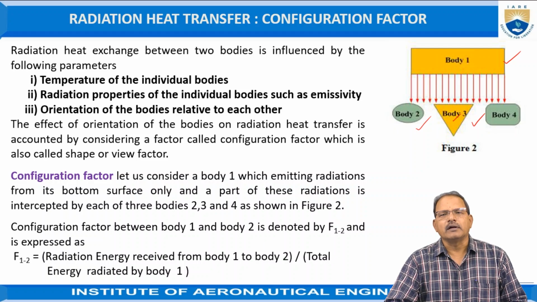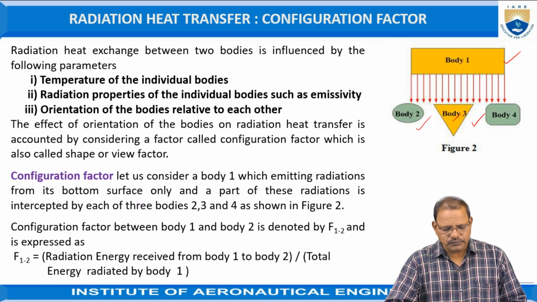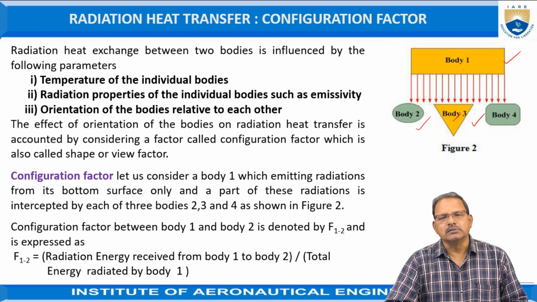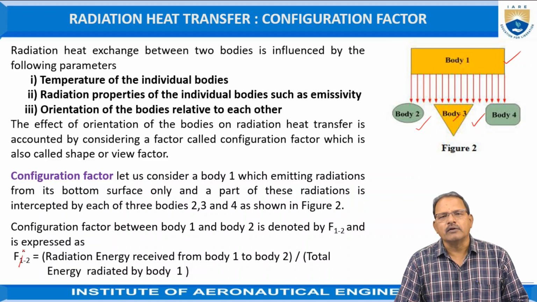So the configuration factor between bodies 1 and 2 is defined as the ratio of the radiation energy received from 1 by 2 to the total energy emitted by body 1. That means here we are seeking F12, the configuration or view factor of body 1 to 2.